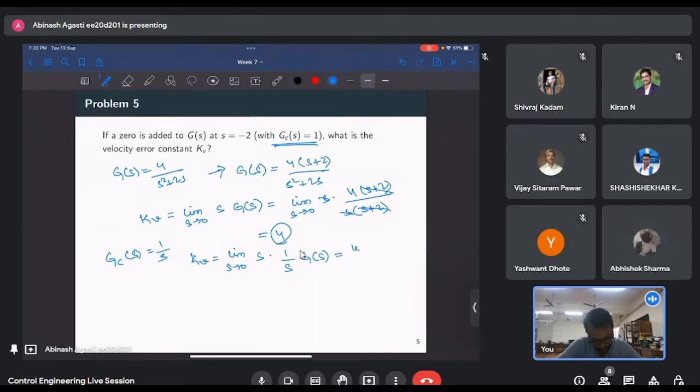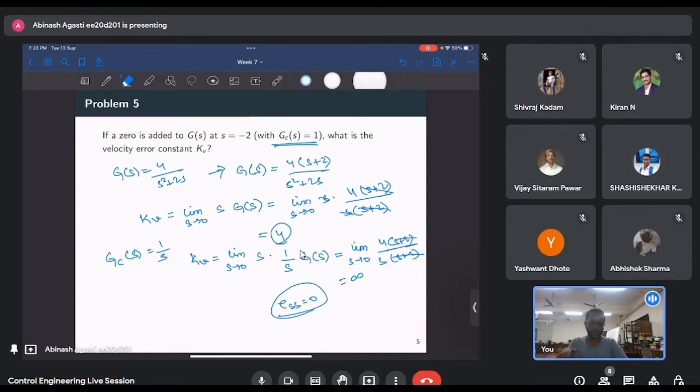That is limit s goes to 0, 4 into s plus 2 by s into s plus 2 is cancelled. So this is infinity, that is ESS equal to 0. So now you see again that adding one integrator to the system helps us to achieve zero steady state error. Okay, is that clear to everyone? Yes, sir. Okay.